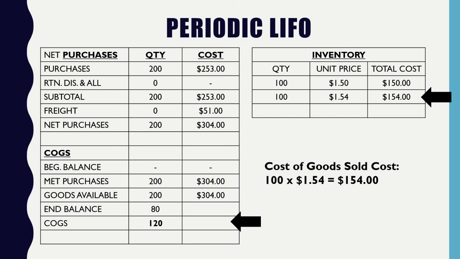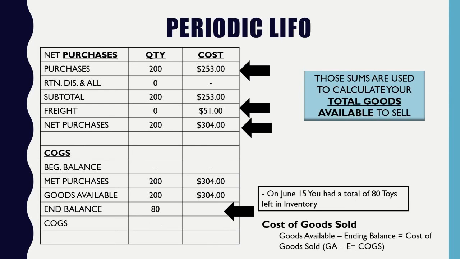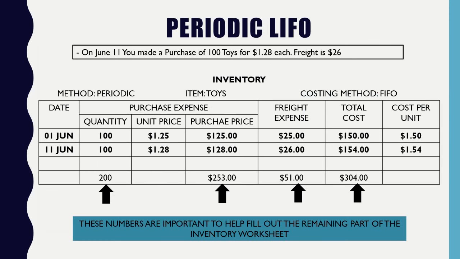Okay, so we'll look at it like a list. In the top right, my short little inventory table there, I noticed that I made my purchase for the first 100 at $1.50. If I go back to my inventory worksheet, my date is there.